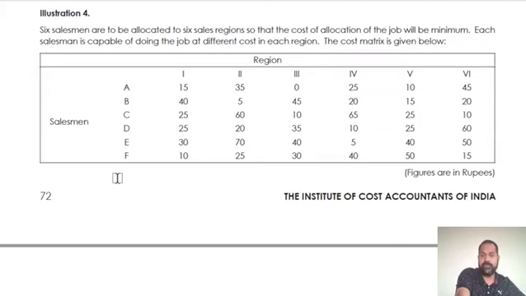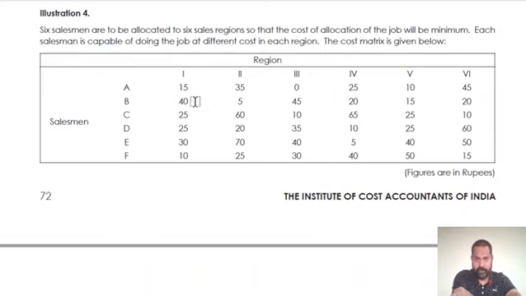What does question number 4 say? Question number 4 says 6 salesmen are to be allocated to 6 sales regions so that the cost of allocation of the jobs will be minimum.